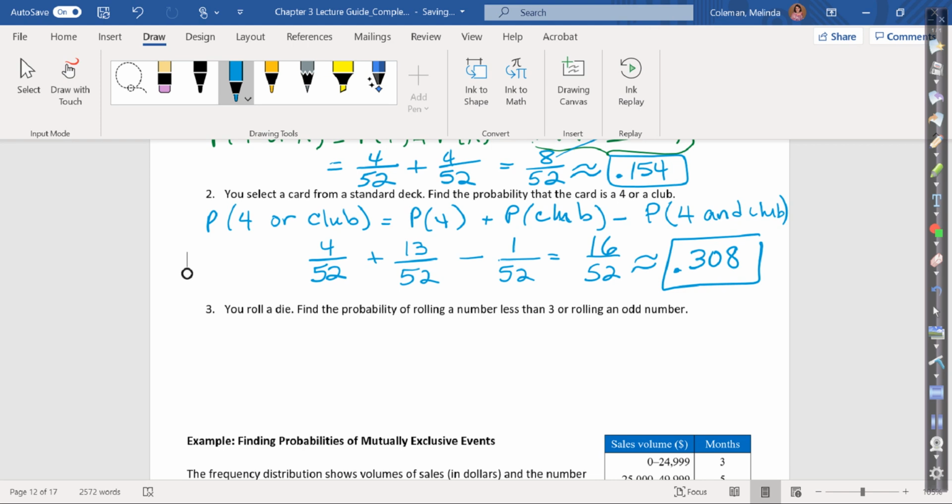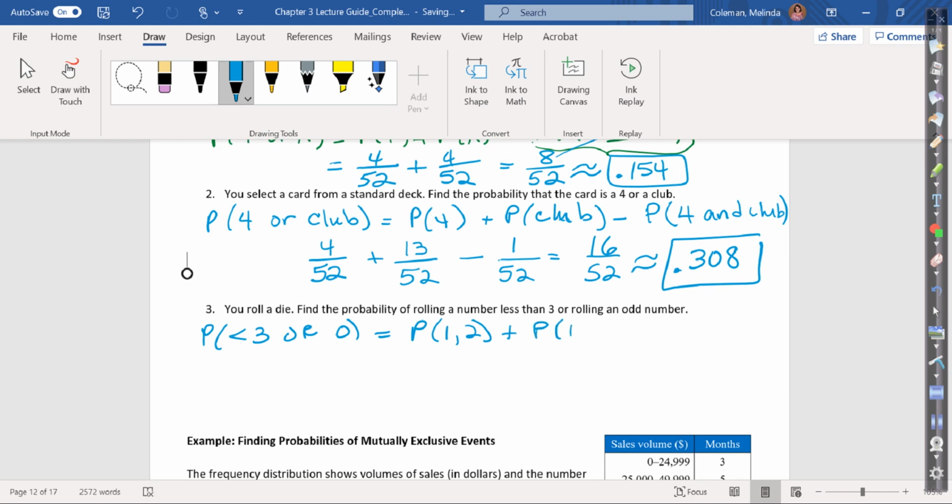Example 3, you roll a die, find the probability of rolling a number less than 3 or rolling an odd number. So probability that we have less than 3 or an odd number. Now probability of less than 3 would be a 1 or a 2 plus the probability that I have an odd number.